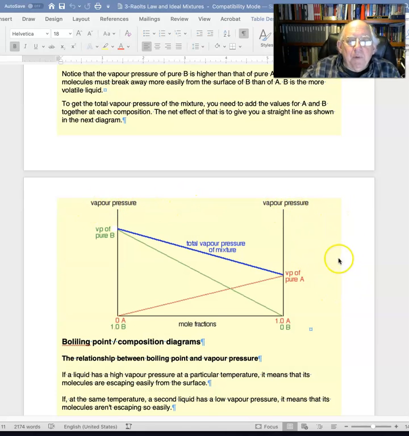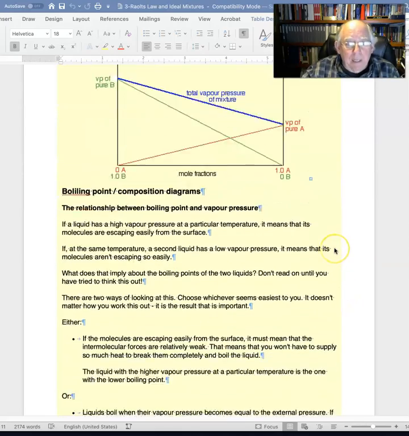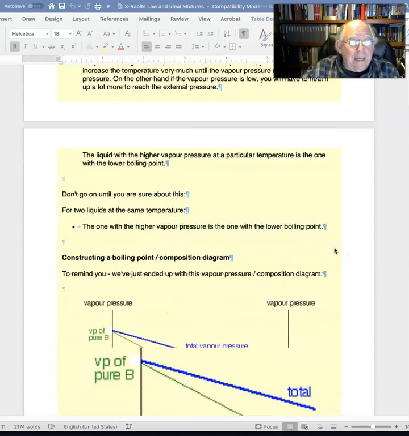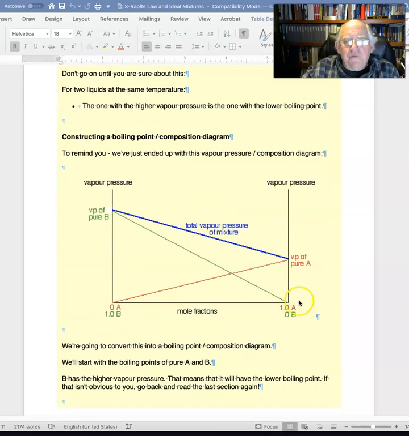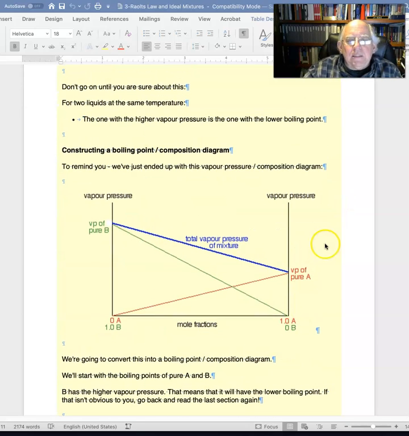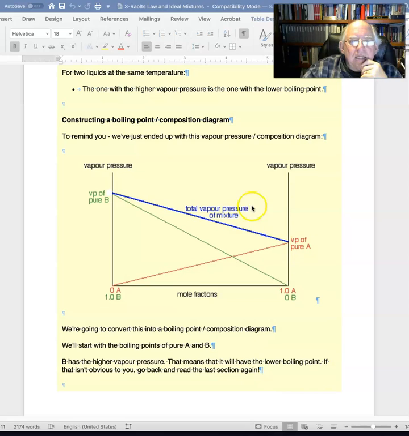Now, as we proceed further, we have vapor pressures associated with the substances. We know that vapor pressure and boiling points are related to each other. And so instead of starting with this plot here, if we were to say that a high vapor pressure of B corresponds to a volatile substance that has a low boiling point.